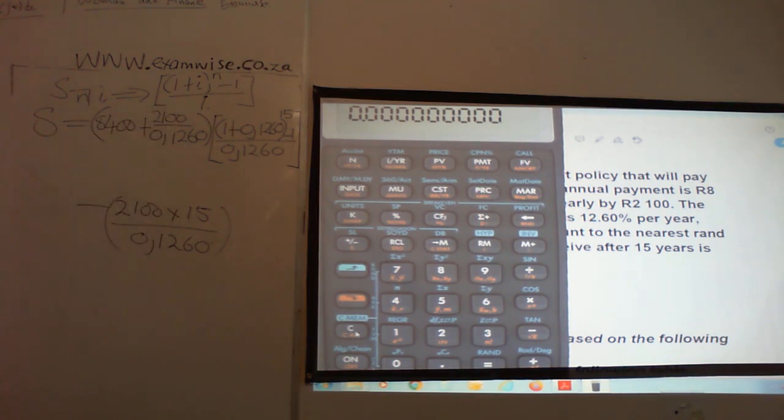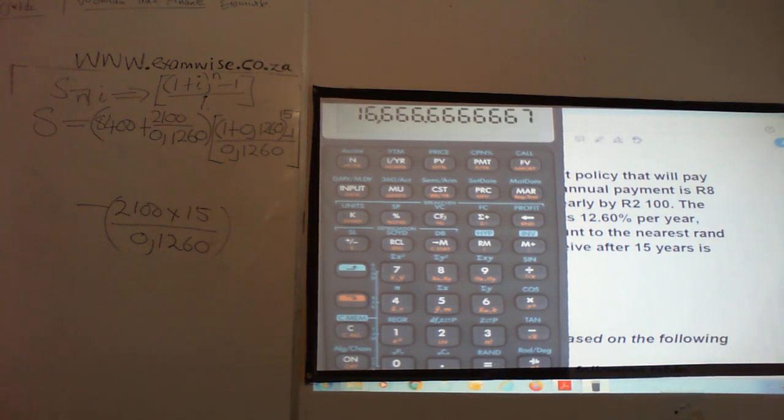So we are saying 2100 divided by 0.1260, and then equals.